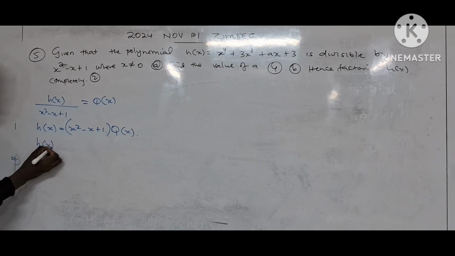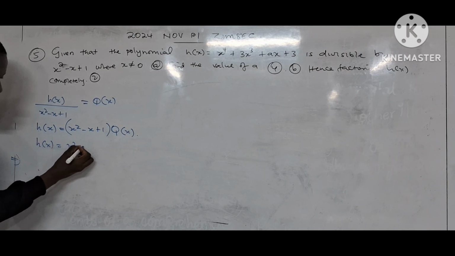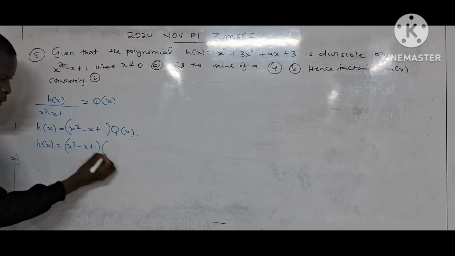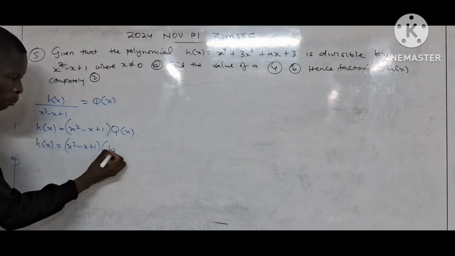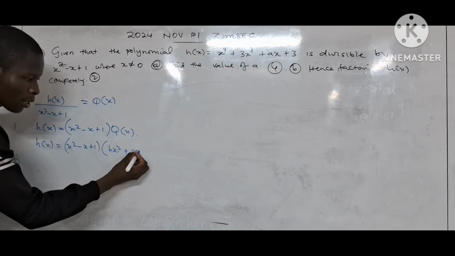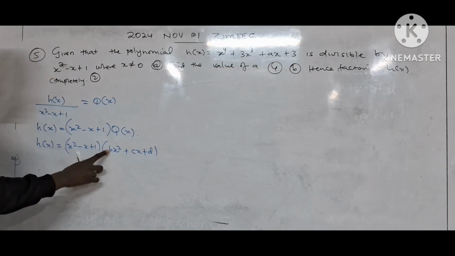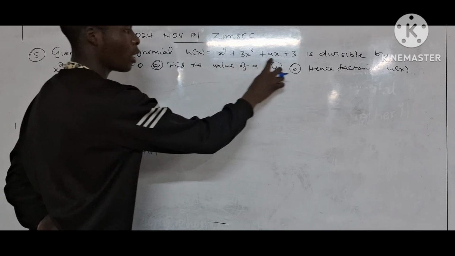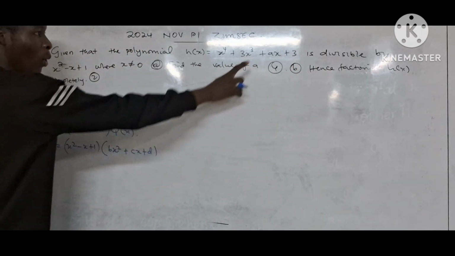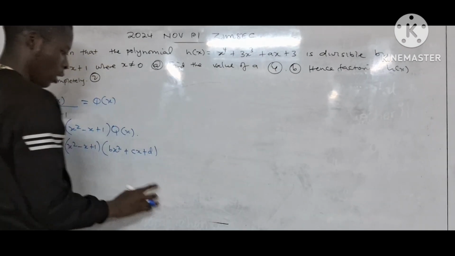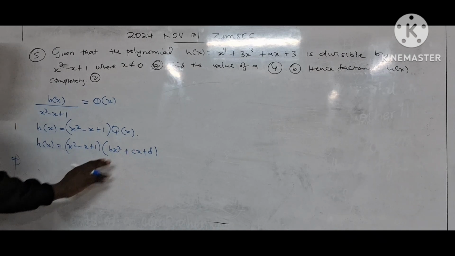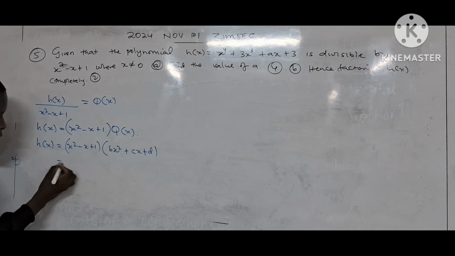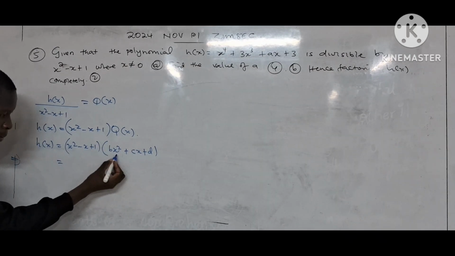So h of x is equal to x squared minus x plus 1 into, here I'm going to say, bx squared plus cx plus d. Why I didn't say ax squared? I didn't say ax squared because in h of x, a is there, and I want to find the value of this a. So let's multiply this together. This is x squared times this one.